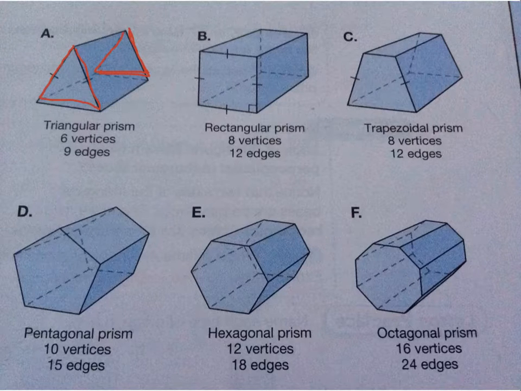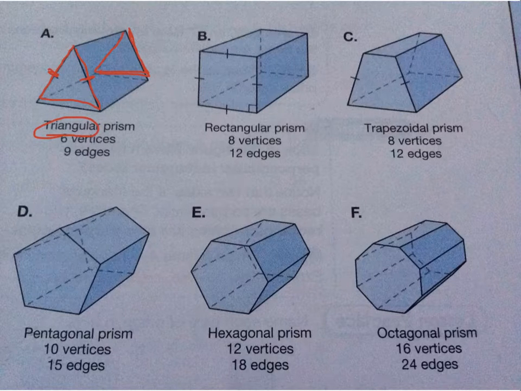It's got the bases that are parallel and congruent, and it is a three-dimensional solid. You'll notice there are these little hash marks on there. Those are showing you same size. We have done that before when we've been drawing triangles. So it's easy to see that because the base is a triangle, it is called a triangular prism.